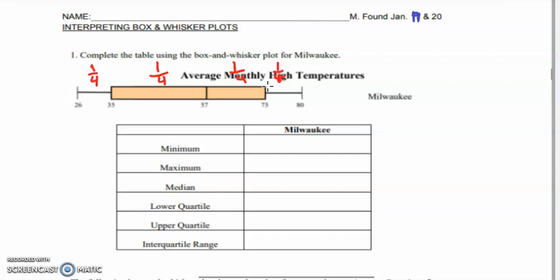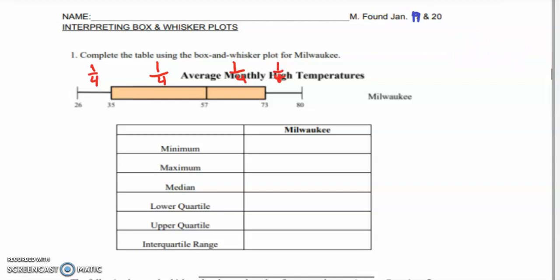How big those blocks are tells us how spaced out or how chunked together those blocks of data are. It doesn't necessarily tell us how many of this or how many of that. It's just how close our data is grouped so that we can see trends and we can see consistencies or inconsistencies.